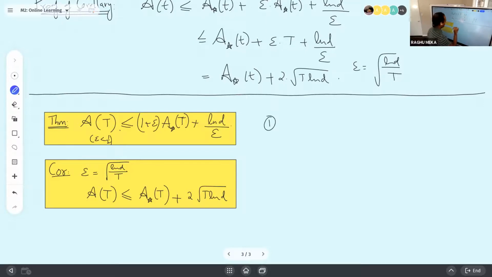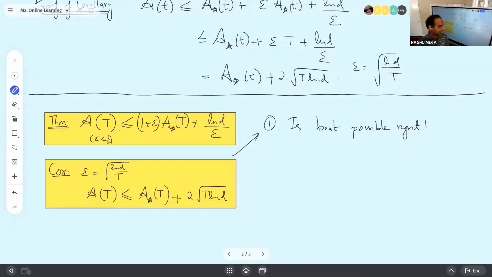One: it is tight, best possible. In terms of regret, this bound of 2 times square root t ln d is the best possible. Maybe you can improve the factor 2 in front, but basically this dependence of square root t ln d is best possible. You cannot improve that in general.